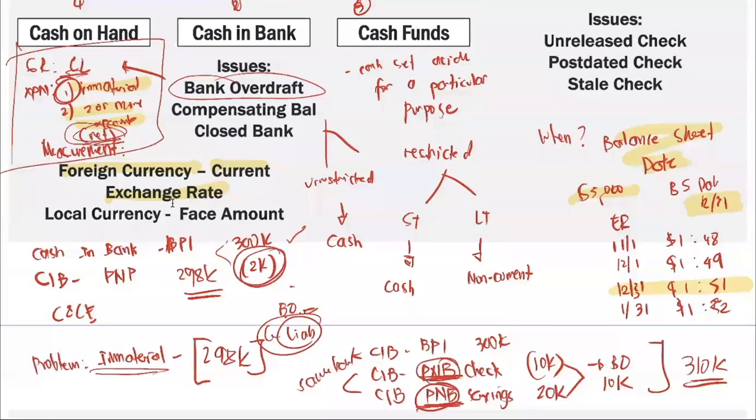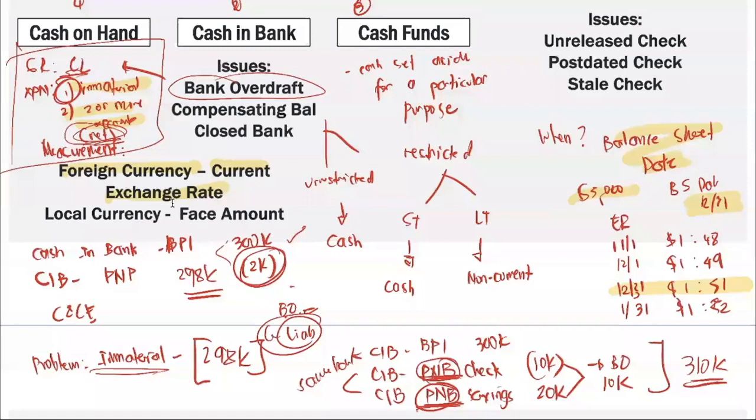So for compensating balance, if it's unrestricted, it is considered cash. If it's restricted, but for short term, meaning it is a compensating balance for a short-term loan. Normally, if you get a loan from a bank, you need to leave a certain amount on that bank account. And that certain amount is considered compensating balance. If the loan is short-term, we consider it as cash held as compensating balance.